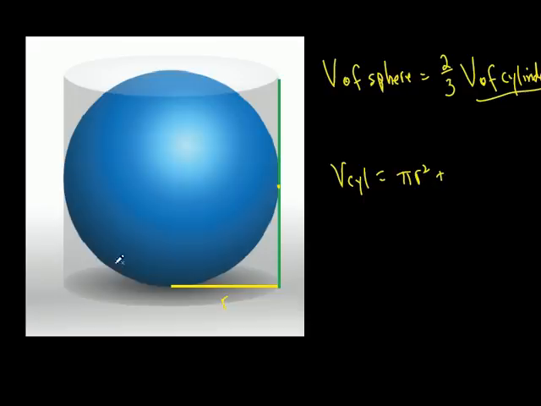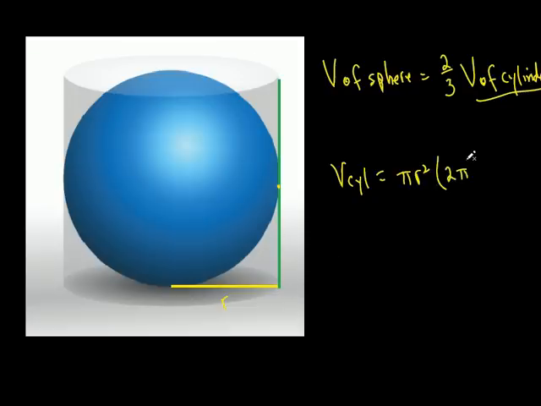I'm sorry, it's not a plus. It's the area of the base times the height. And what is the height of this? The height of this is 2r.